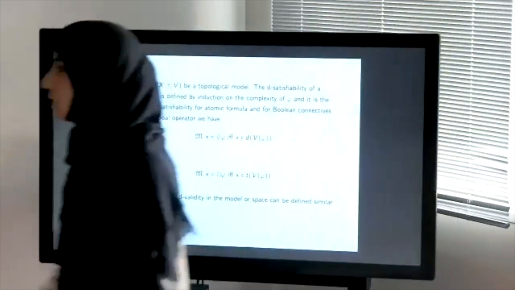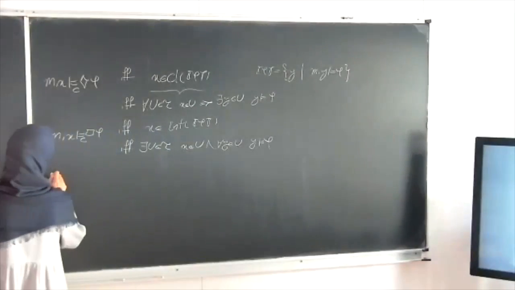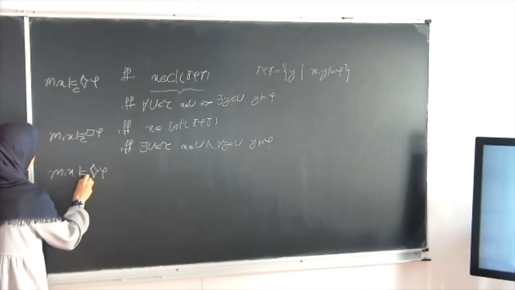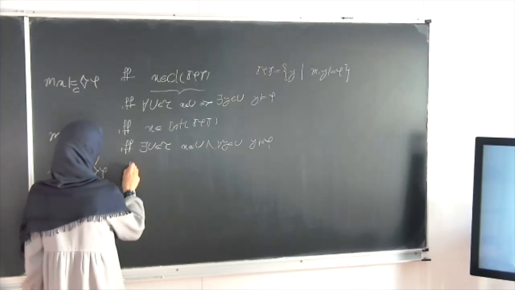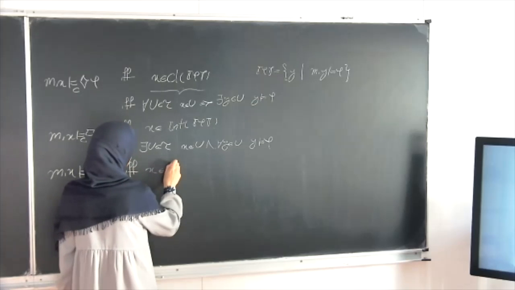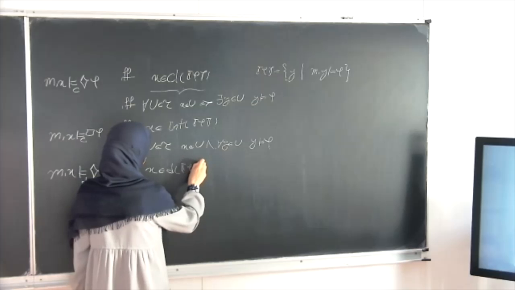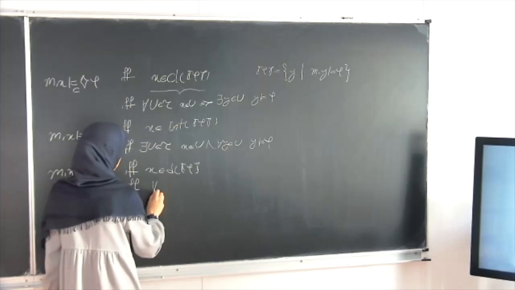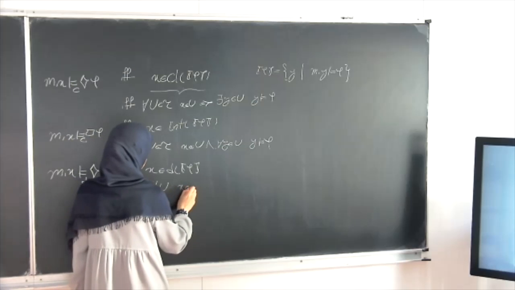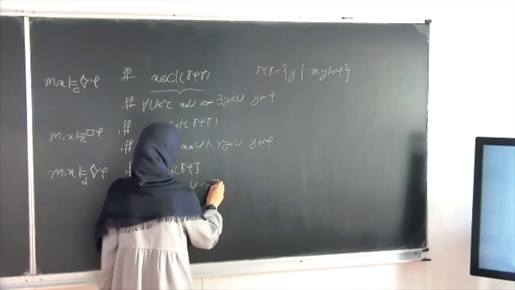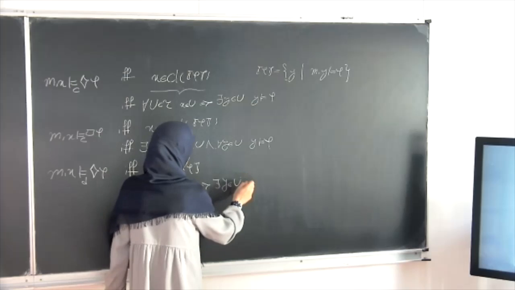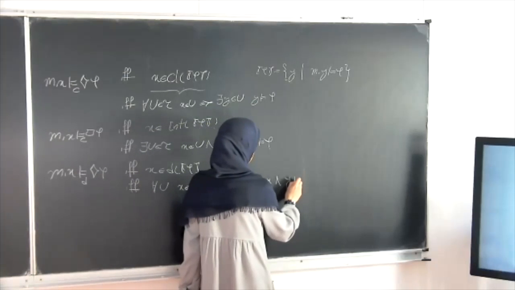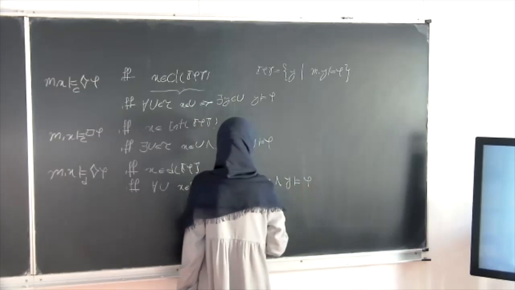Then we said that in this semantics, we have that M, x satisfies diamond of phi if and only if x is in d of phi, which means that for any U, if x is in U, then there exists some point y in U such that y is not equal to x, and in y phi is true.